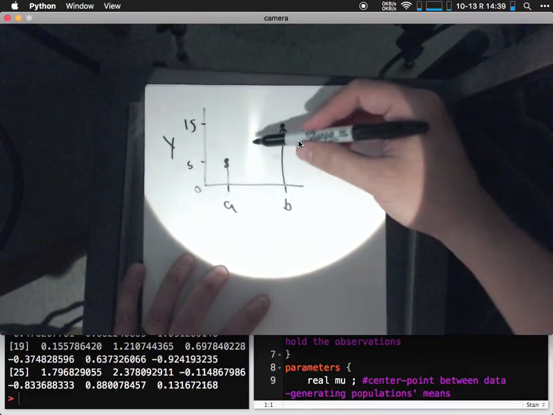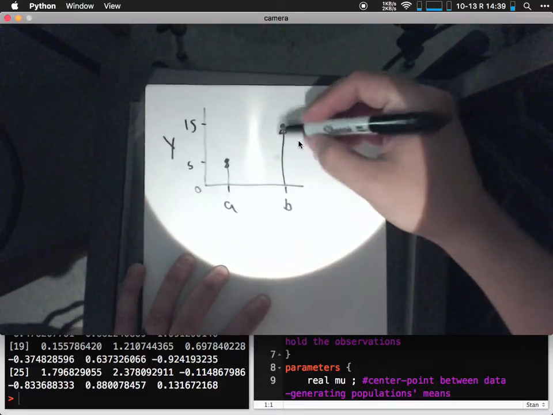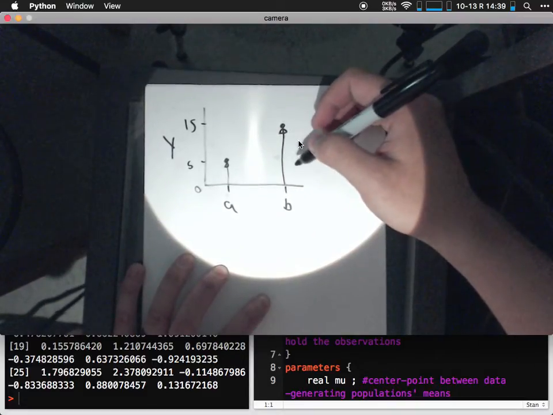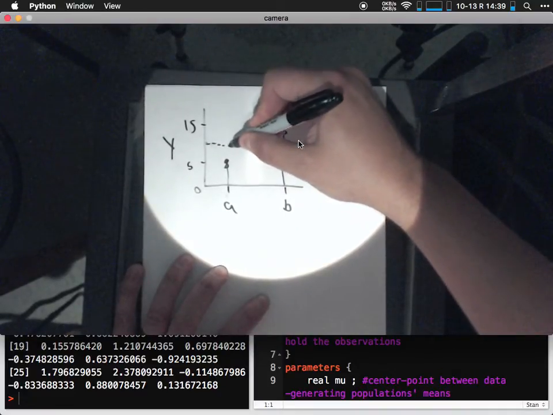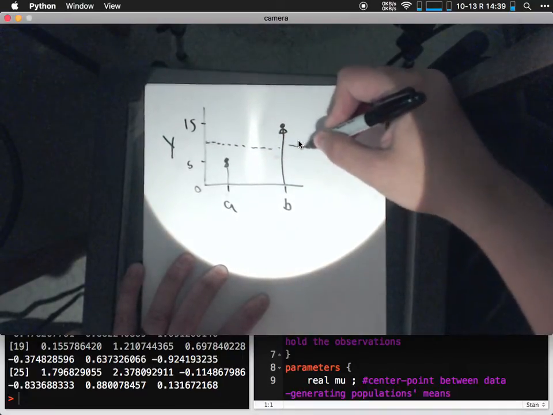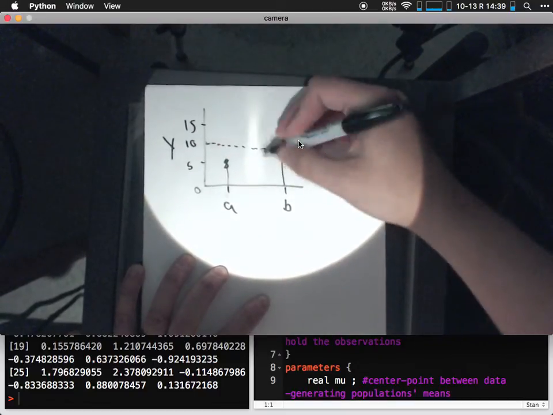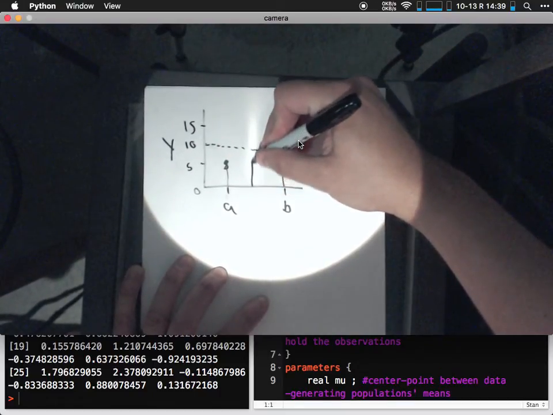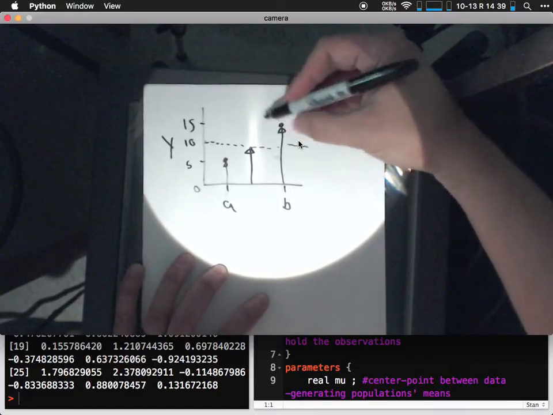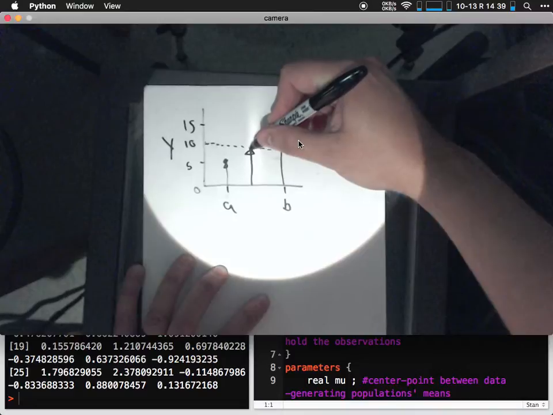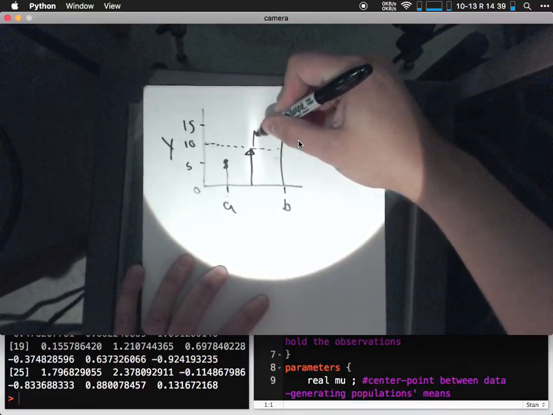Another way of describing those same numbers is a little weird. It's to say, where is their center? So it's 10. You say, where is the center relative to 0? And then, how far is it from the center to either one?